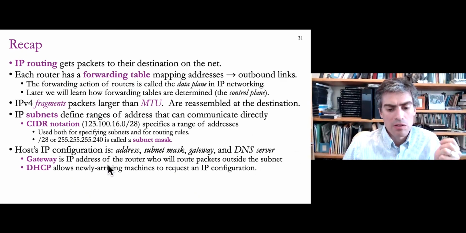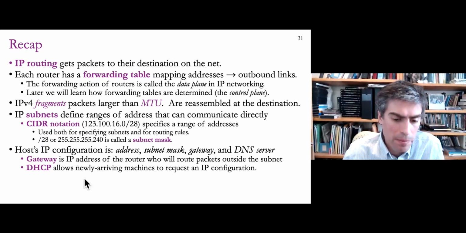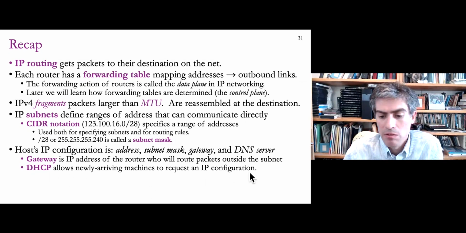The gateway is the IP address of the router on your subnet that will accept packets from you and forward them to the rest of the internet. In other words, forward those packets to IP addresses that are outside your subnet. And DHCP is the protocol that allows newly arriving machines to request this IP configuration, which is to say, to get these four numbers from a router nearby.